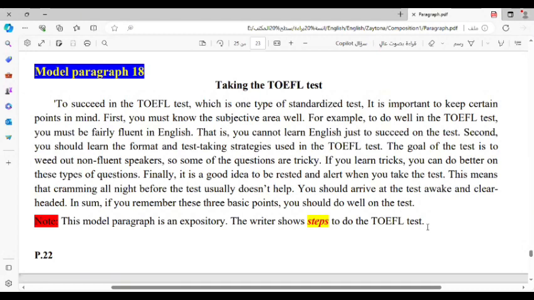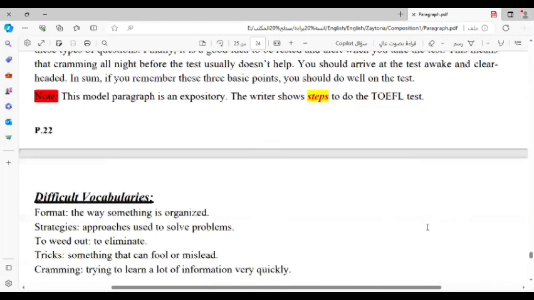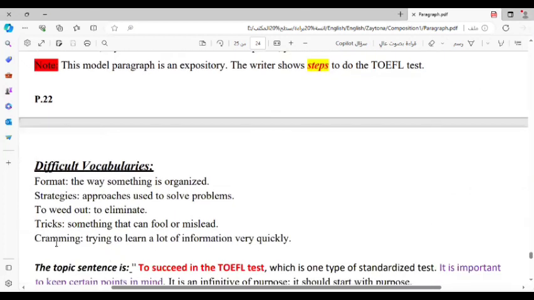What's the meaning of cramming? Okay, you can see the definition here below. When you cram something, you try to learn a lot of information very quickly. We say in Arabic, when, for example, a student needs to study everything right before, for example, a night before the test, he is cramming.